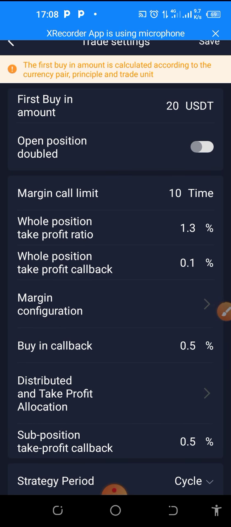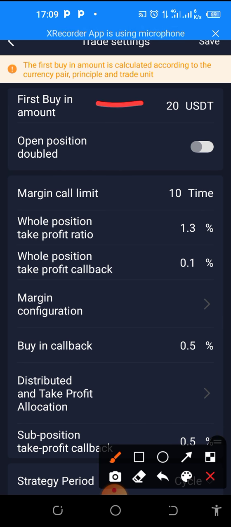Once you click on trade setting, the first thing you are seeing is your first buying amount, and there we have $20. The first buying amount simply means the amount you want the robot to start trading with for you, the amount you are buying first. Then the next thing you have is open position doubled.